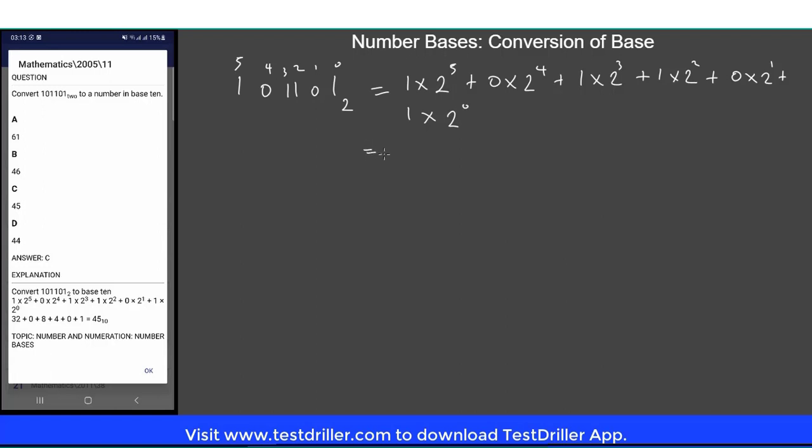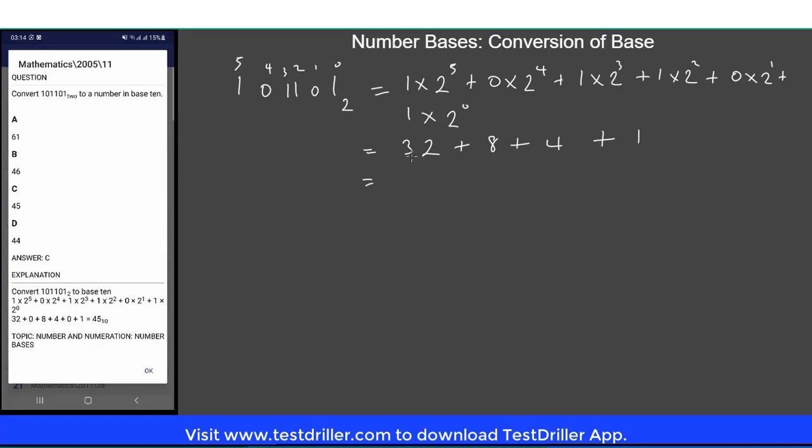So if you simplify this, you arrive at 2 raised to the power of 5, that's 32, then 0 times whatever you have here, that's 0, then plus 1 times 2 raised to the power of 3, what's 2 raised to the power of 3? That will give you 8, then plus 2 raised to the power of 2, that's 4, plus 0 times 2, that will give you 0, then 1 times 2 raised to the power of 0, which is 1, so that gives you 1.